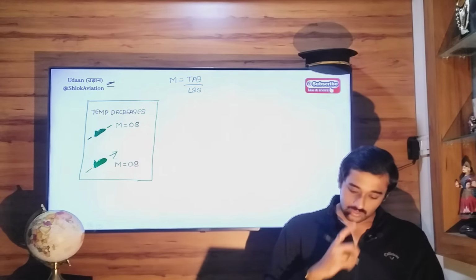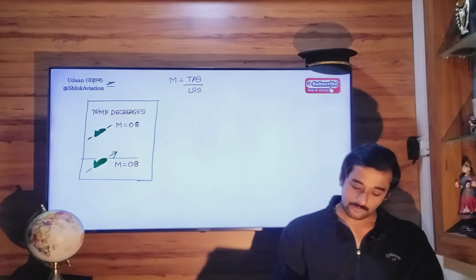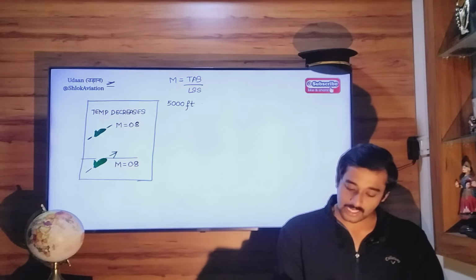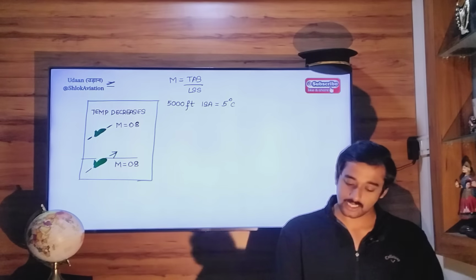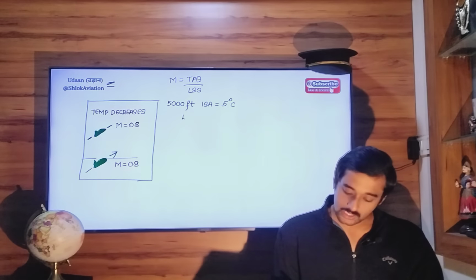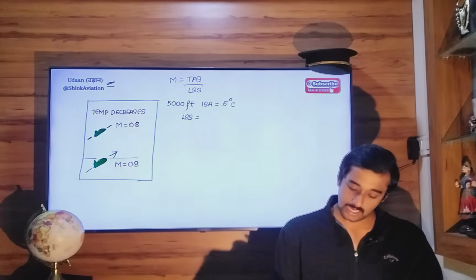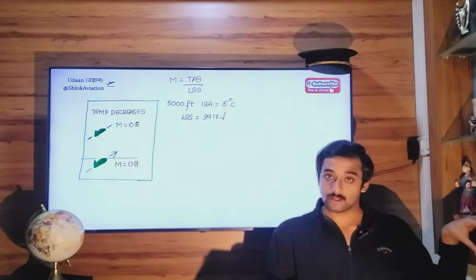Now let's say you are at 5,000 feet. At 5,000 feet, the ISA temperature is 5 degrees Celsius. So local speed of sound at 5,000 feet will be 39.17 times the square root of temperature in Kelvin.